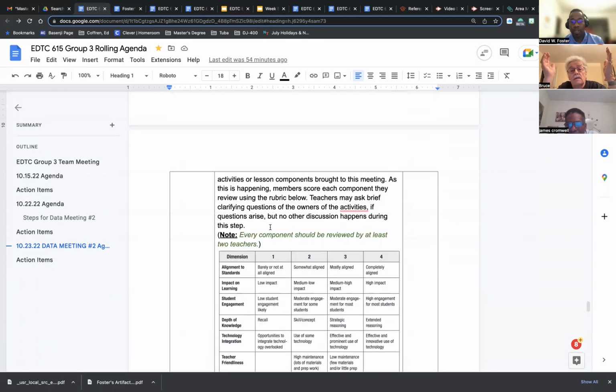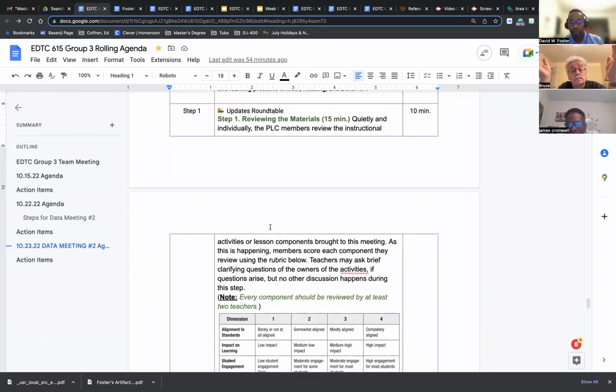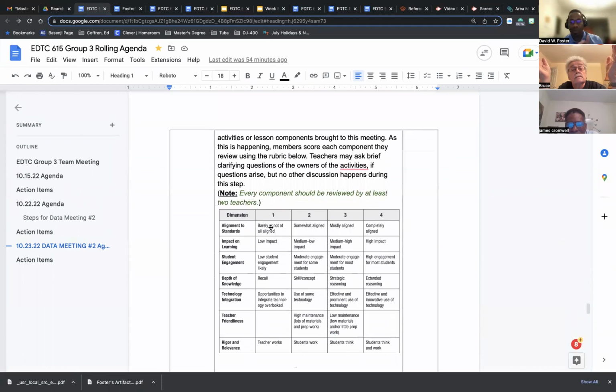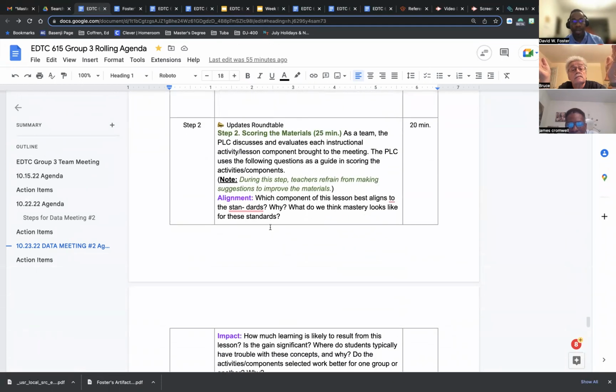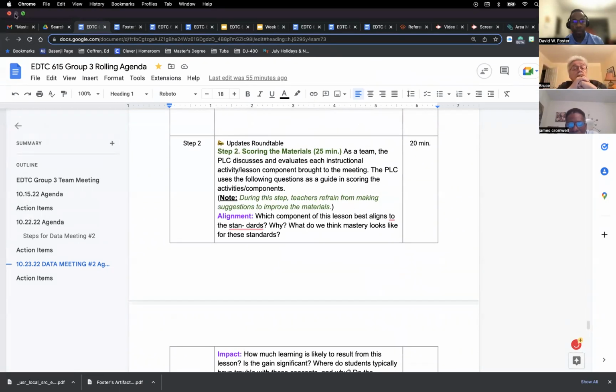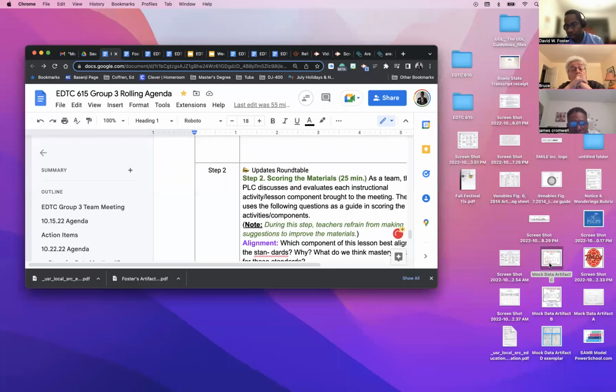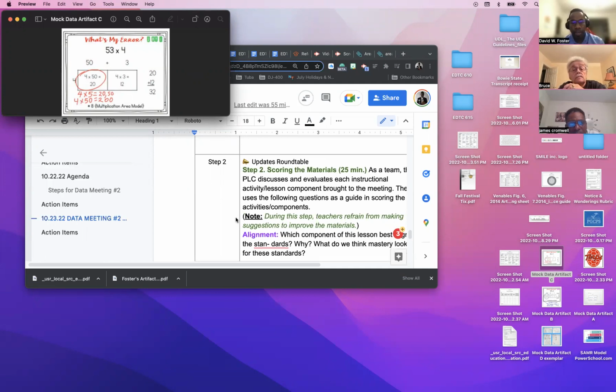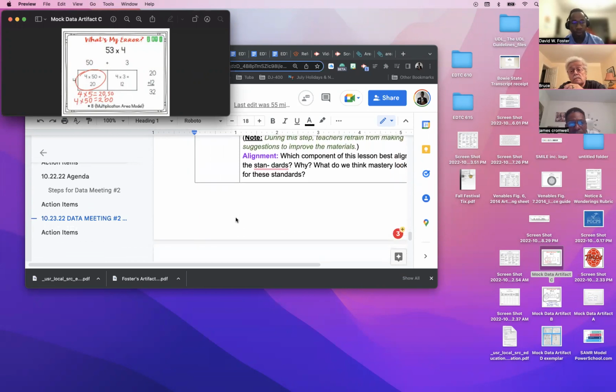But step 1 said we review the instructional materials quietly and individually, and then each component gets reviewed by at least 2 teachers, which means I would take, say, this artifact of the student's work, and I would score it, saying that it was aligned, that it had a high impact on learning, or a high impact as far as the gap was concerned, and then make the comment about what to suggest by step 3.